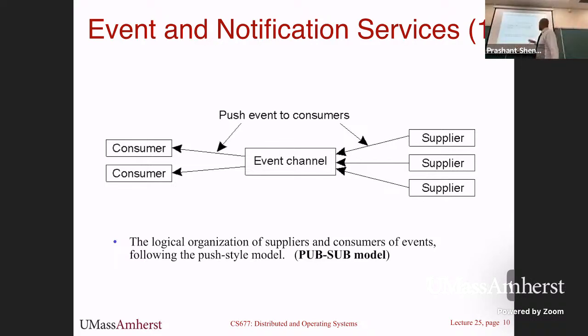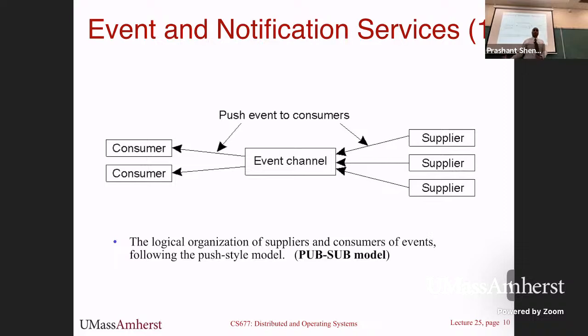So this picture on this slide shows us a publish subscribe model where rather than clients and servers, you have publishers, which are processes, and consumers, which are processes. They are not using standard RPCs, RMI, or any of these methods to communicate. It's a pub sub model. And furthermore, as this picture shows, this is a push-based publish subscribe model where the publishers are pushing data to an event channel, and the event channel is pushing data to consumers.